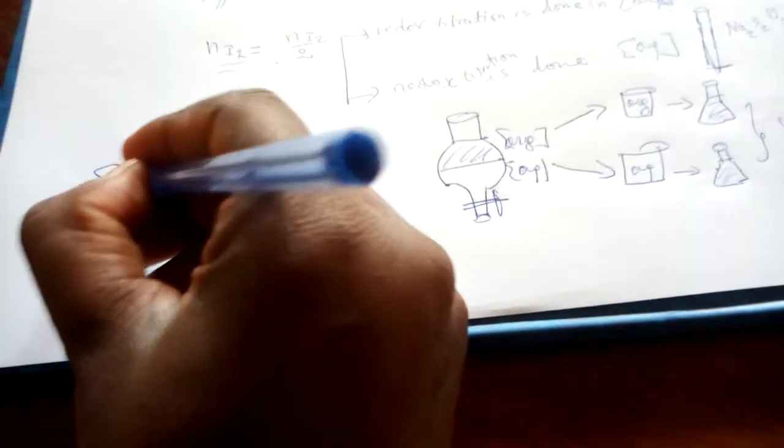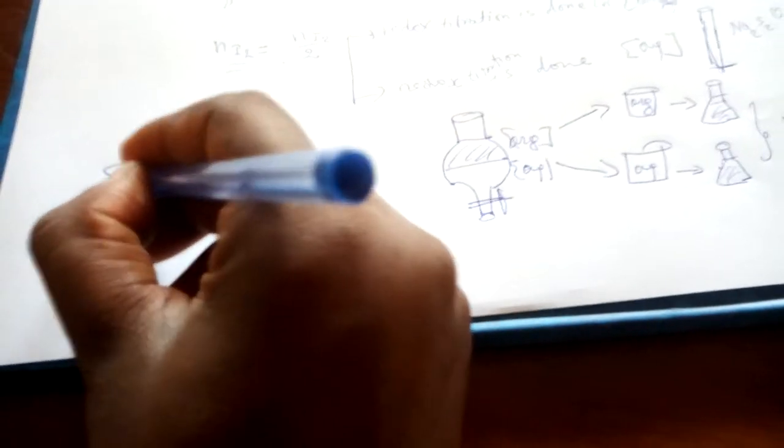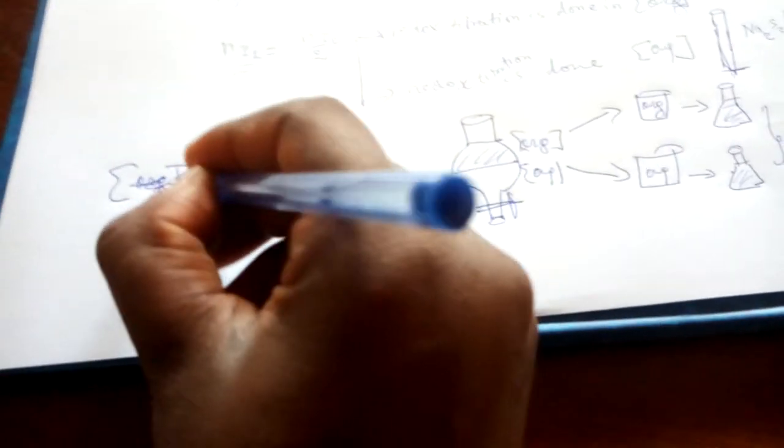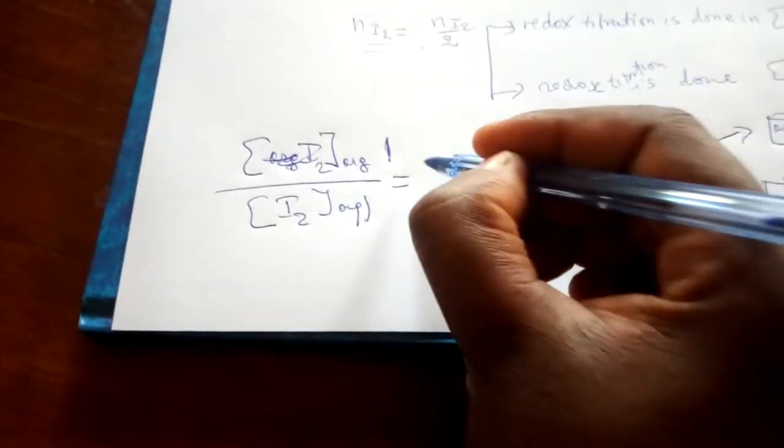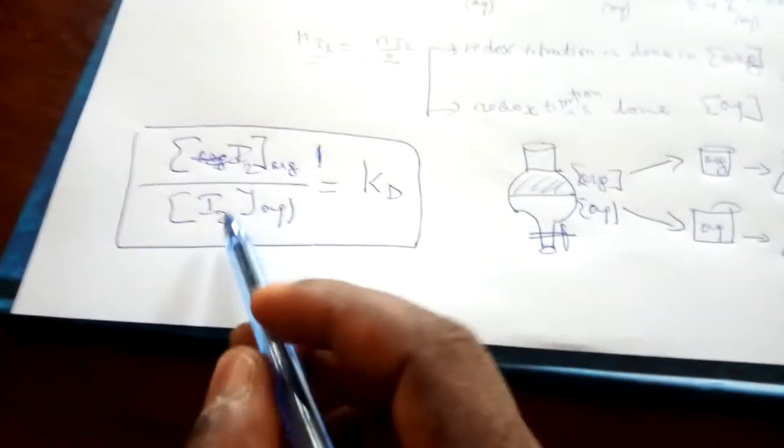And after knowing the amount, you can take the concentration of iodine in org over the concentration of iodine in aqueous, and exactly you are able to determine the distribution coefficient at that moment.